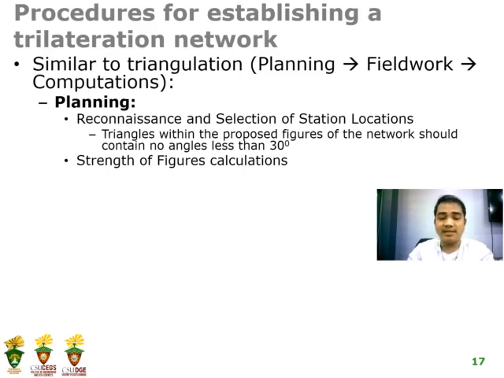So, same ni siya sa limitation nga ato ang i-discuss sa triangulation nga dapat ang mga angles nga ato ang i-measure is dapat mas duol siya sa 90 degrees. And for planning, we have strength of figures calculations.